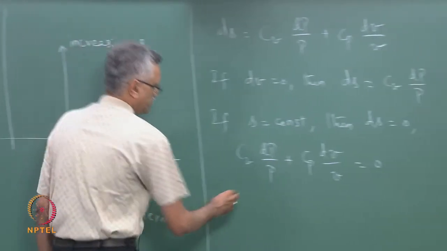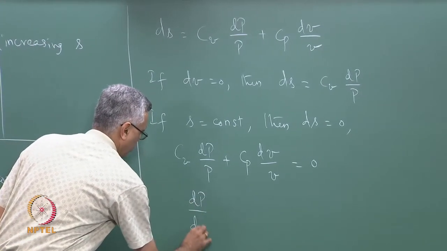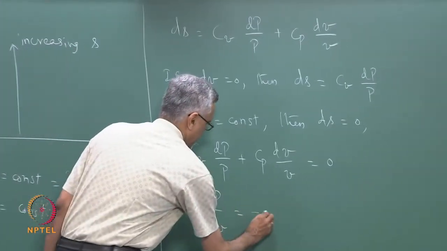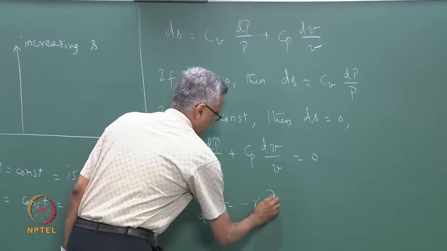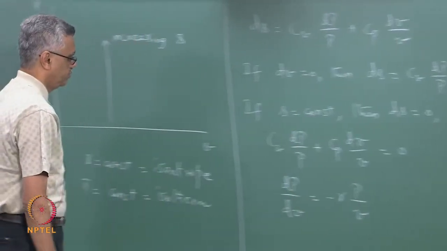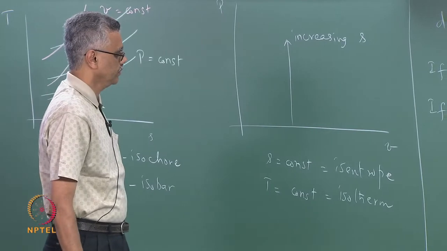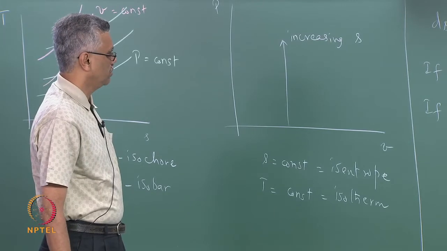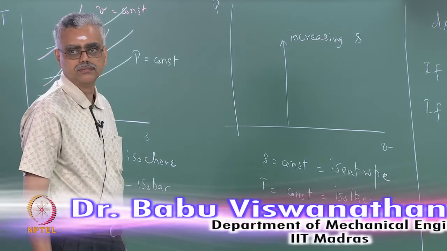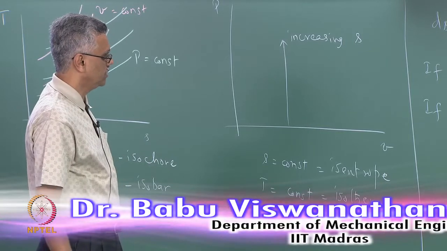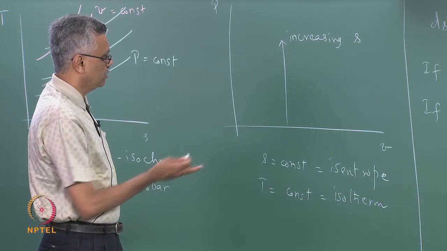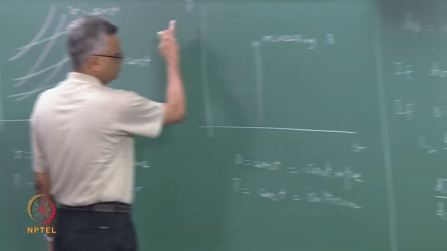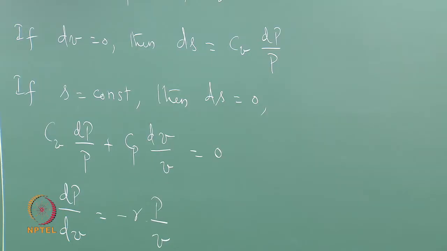If I rearrange this, I can easily show dP over dV is equal to minus gamma times P over V. So, this tells me that the slope of the S equal to constant line is negative. Contrary to what we showed earlier, where the slope was positive, now these lines are going to run like this.